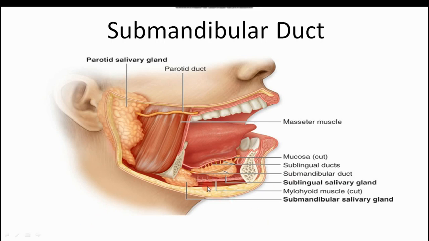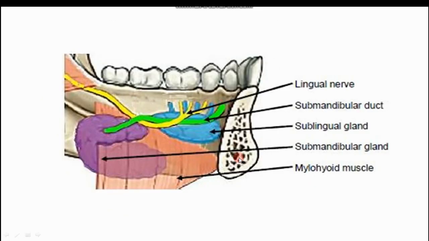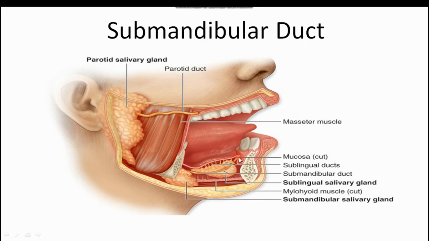The duct is about 5 centimeters long. It moves forward and upward. We can see how it is moving, and it passes by the sublingual gland, and in the floor of the mouth it opens on the sublingual papilla.